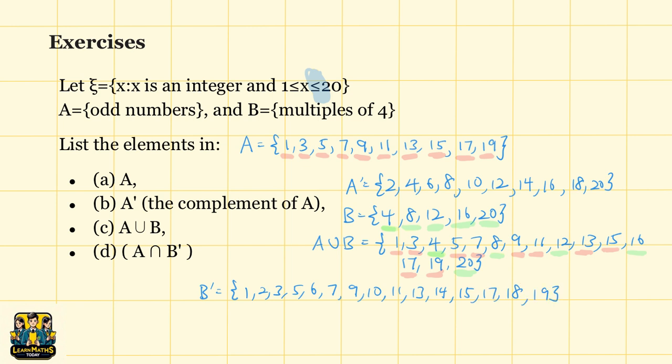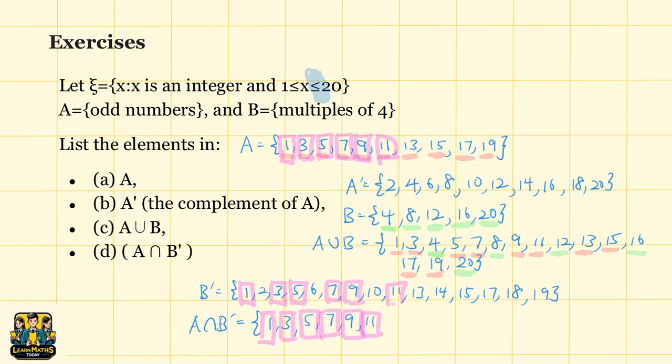Now we just have to see which elements appear in both A and B prime. We have the intersection of A and B prime to be the set containing 1, 3, 5, 7, 9, 11, 13, 15, 17, 19.